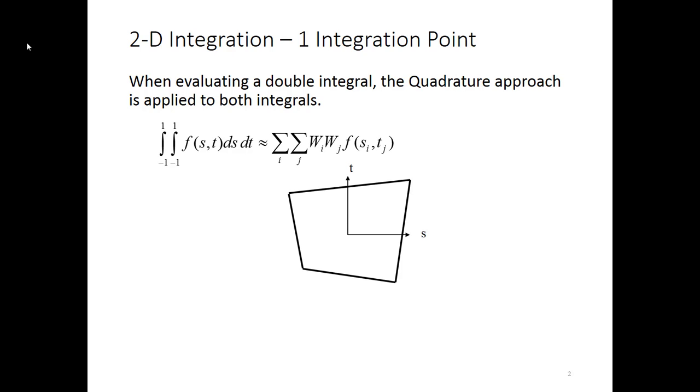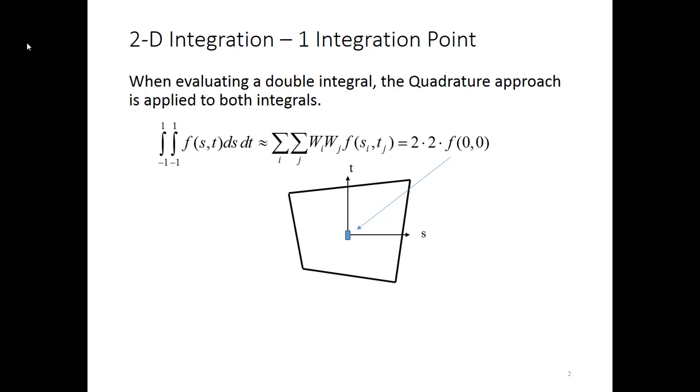So instead of having a single summation, we're going to have two summations where we sum over the number of intervals in the s direction and then over the number of intervals in the t direction. For this particular case, if I'm using the standard element for a bilinear quadrilateral, it's going to go from -1 to 1 in each direction.